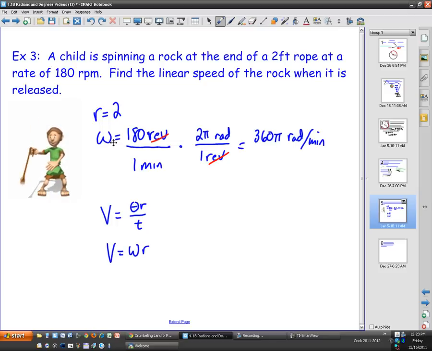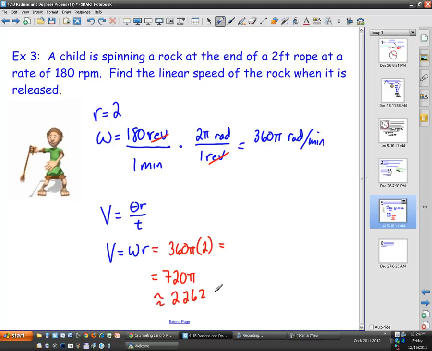Remember, theta is the radians over time, and so then we can basically just say, well, this is 360 pi times a radius of 2, because w is my angular speed. If I multiply that all out, I get 720 pi, and that's feet per minute, which comes out to be approximately 2,262 feet per minute.